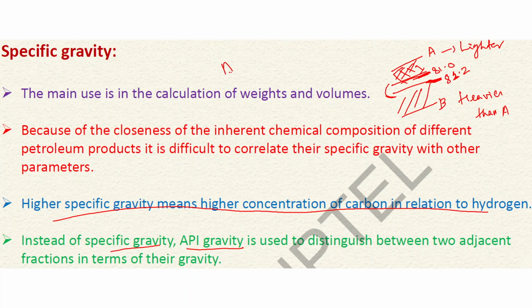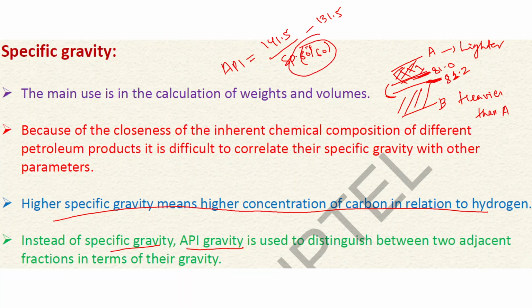It is basically the specific gravity at 60 degree Fahrenheit by 60 degree Fahrenheit, minus 131.5. The crude oil specific gravity and water specific gravity both are taken at 60 degree Fahrenheit.